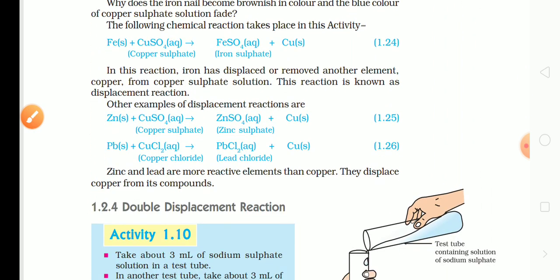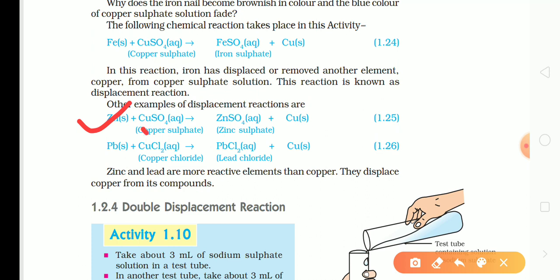Look at this reaction. Zinc reacting with copper sulfate. What will happen? Always remember zinc is more reactive compared to copper. So we can imagine what will happen.